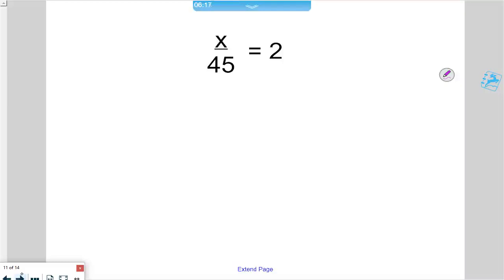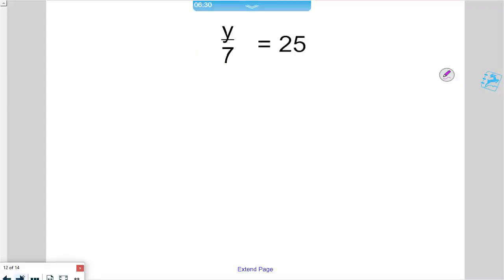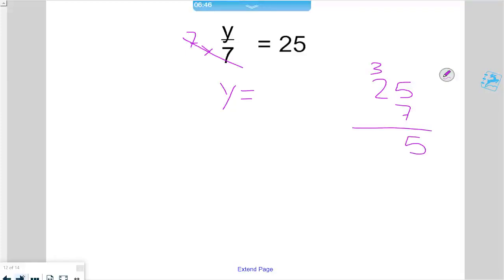X divided by 45 equals 2. So we're going to take 45 and multiply, because that's the opposite. X equals 45 times 2 is 90. Y divided by 7 equals 25. So I'm going to multiply, the opposite. So then I have Y equals, and now 25 times 7, I get 5, carry the 3, 14, 15, 16, I get 175.